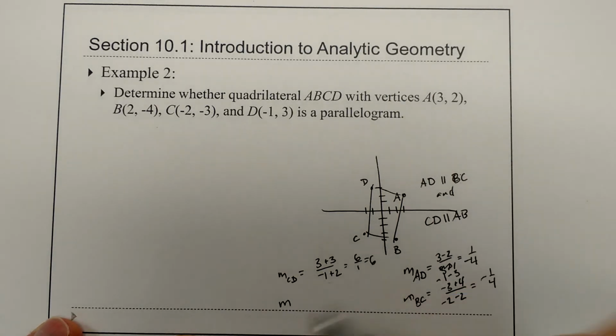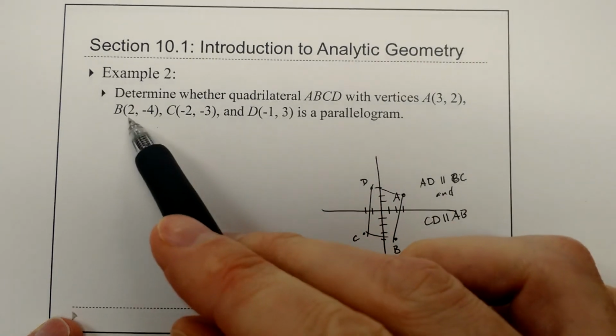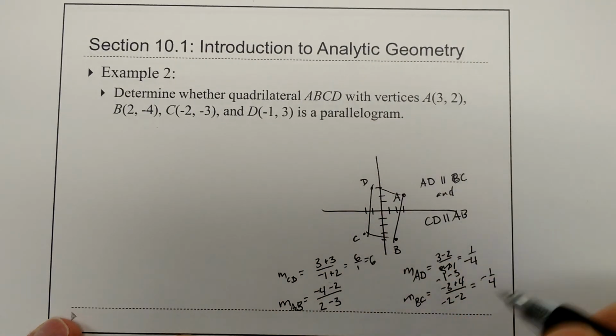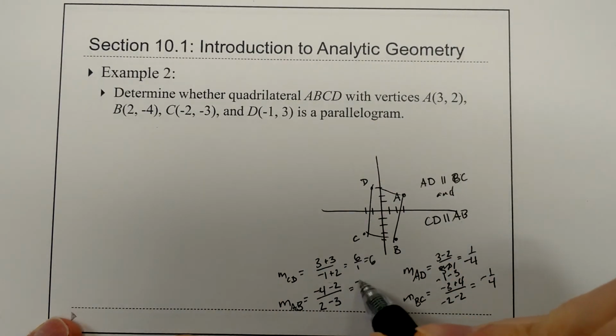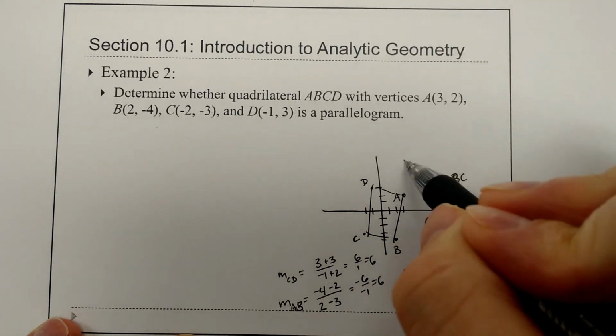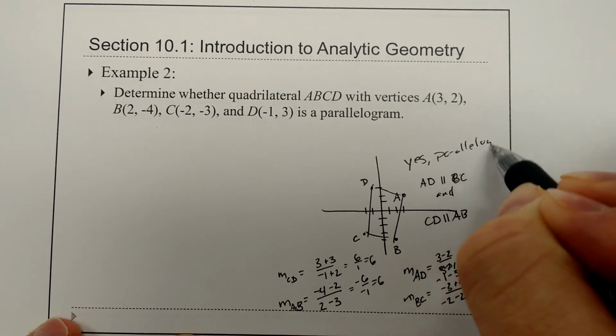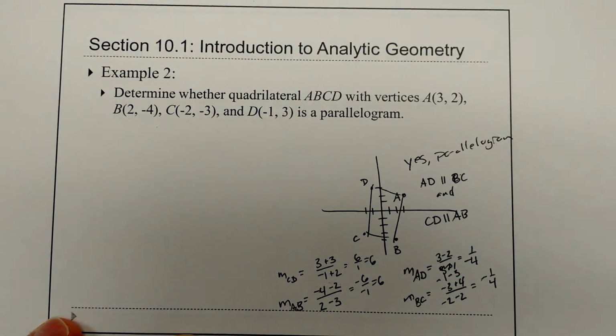And the slope of AB is going to be negative 4 minus 2 over 2 minus 3, so y2 minus y1 over x2 minus x1. So that's negative 6 over negative 1, so that's 6. So opposite sides are parallel. So yes, it's a parallelogram.